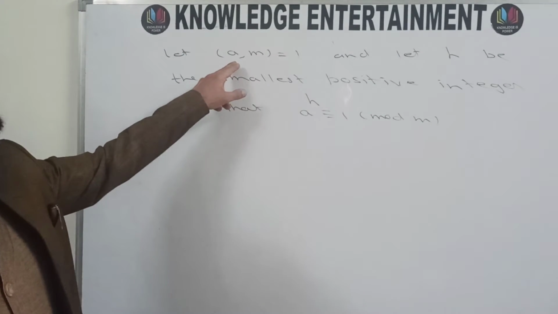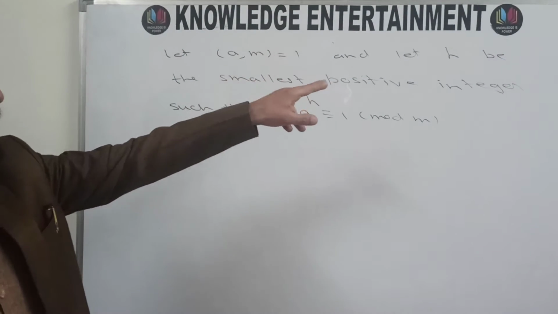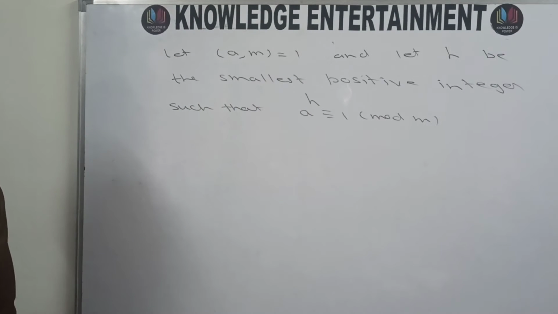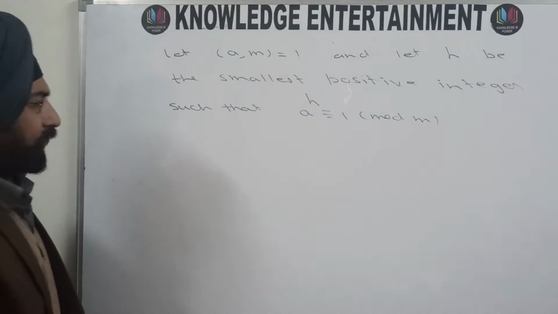Suppose GCD of a and m is 1, and let h be the smallest positive integer such that a to the power h is congruent to 1 modulo m, then we say that the order of the element a modulo m is h.